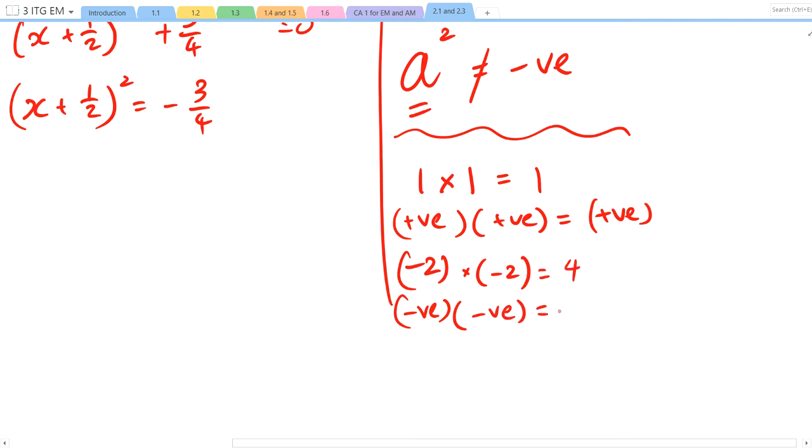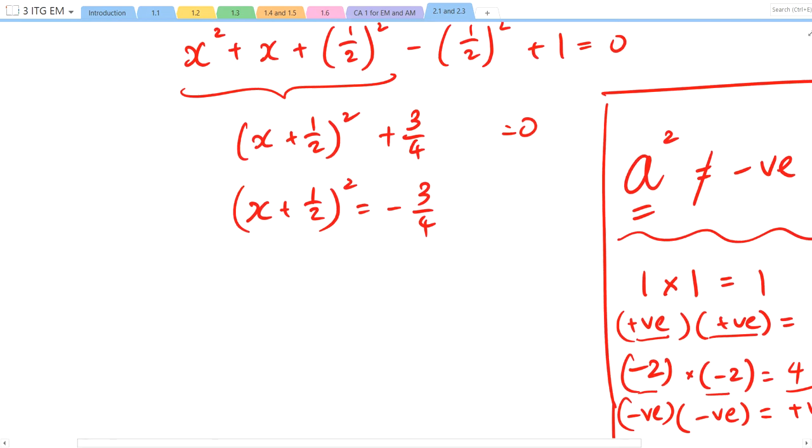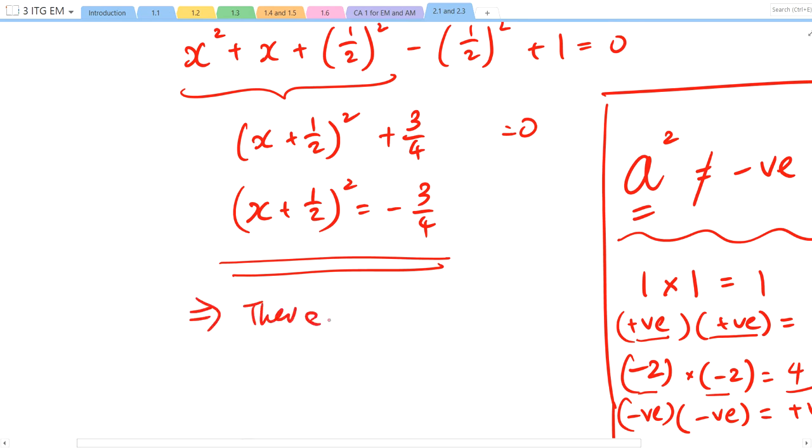What does this give me? Positive. Is there any other possibility that when I square a number I end up with a negative number? No, there isn't. A could be positive, positive times positive gives me positive. A could be negative, negative times negative gives me positive again. There's no way we're going to square something to get a negative value. Therefore, over here, we are going to conclude that there are no real solutions.